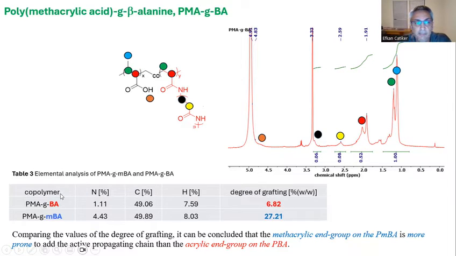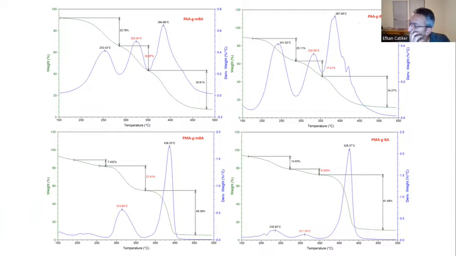The degree of grafting of beta-alanine is very much lower than the methyl beta-alanine one. After being sure that the graft copolymers have been obtained successfully, we aim to obtain thermal properties of the graft copolymers by thermogravimetric analysis and DSC, differential scanning calorimetry.